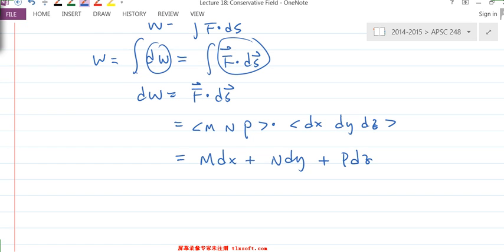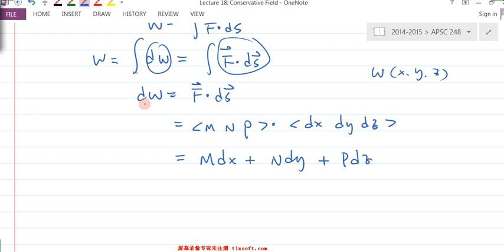Now let's look at what dw is. W is the result of this integral. Let's suppose W is a function of x, y, z. So what is dw? We learned in multivariable calculus, dw is called what? Total differential, right?